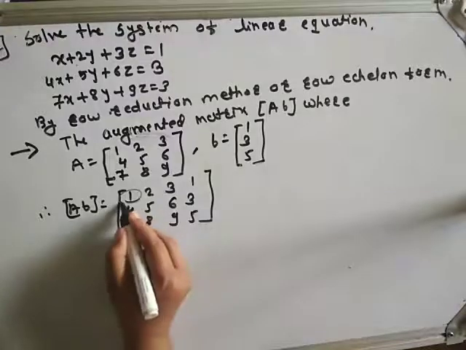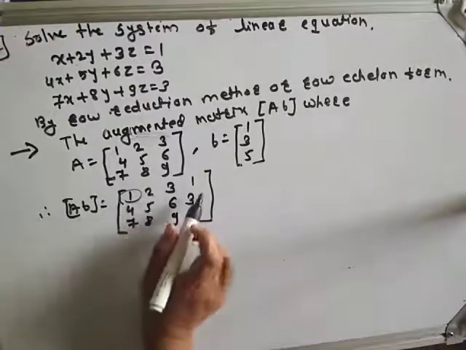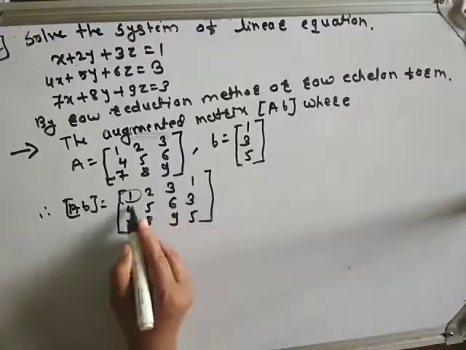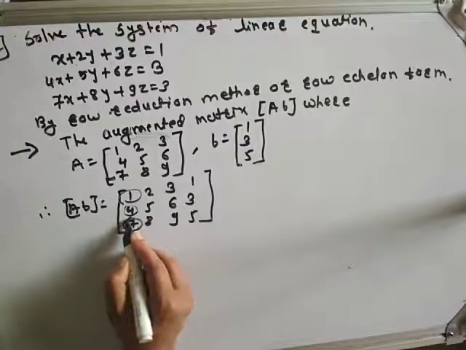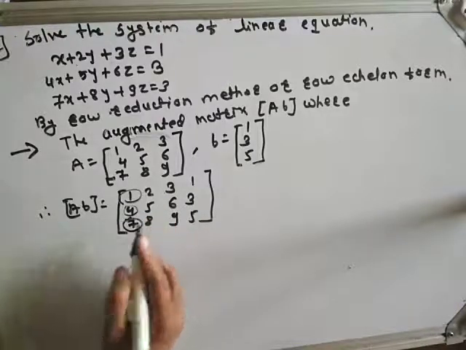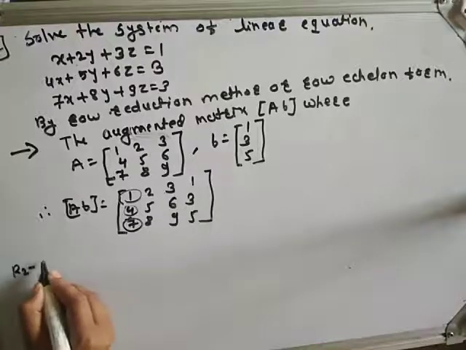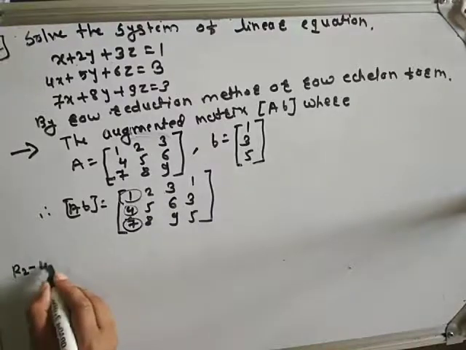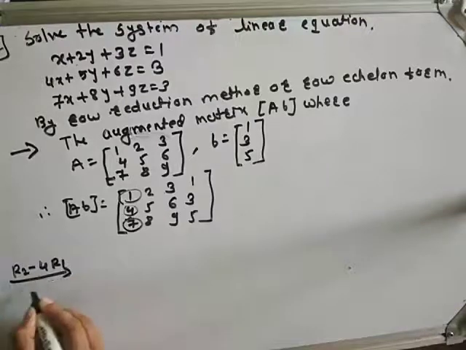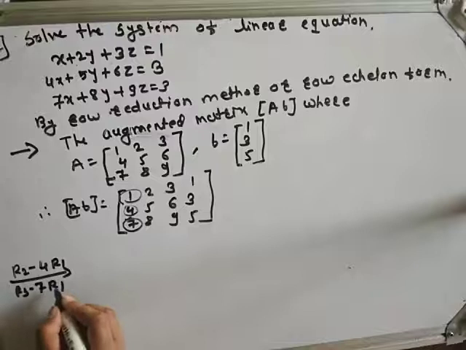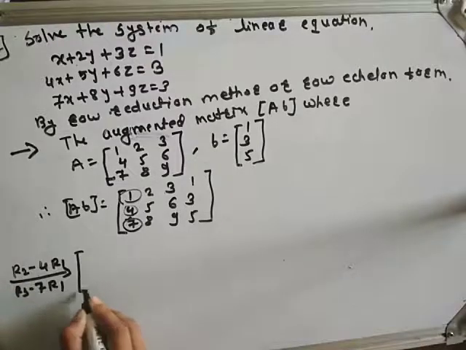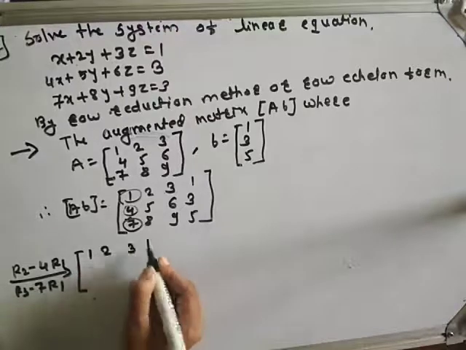See here, this one is the leading entry for the first row. So here we require 0. For this purpose, we perform the row operations R2 minus 4R1 and R3 minus 7R1. Row 1 is 1, 2, 3, 1.